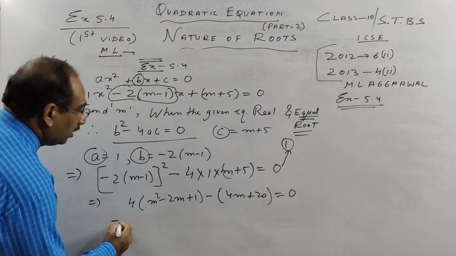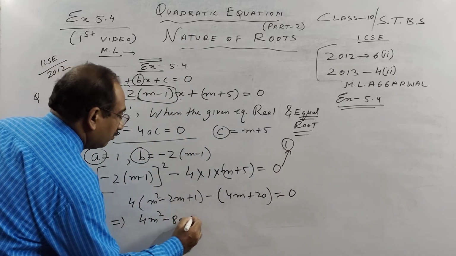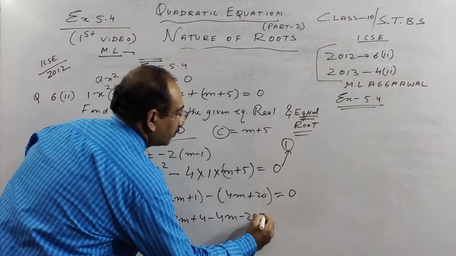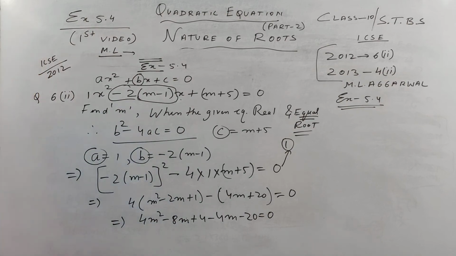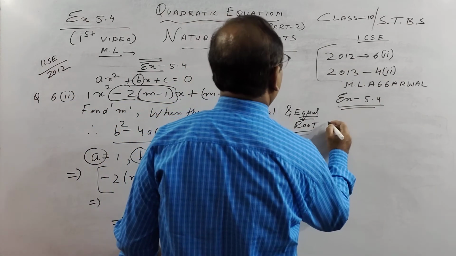Now if you open the bracket, we get 4m square minus 8m plus 4 minus 4m minus 20. So finally what we get, children?